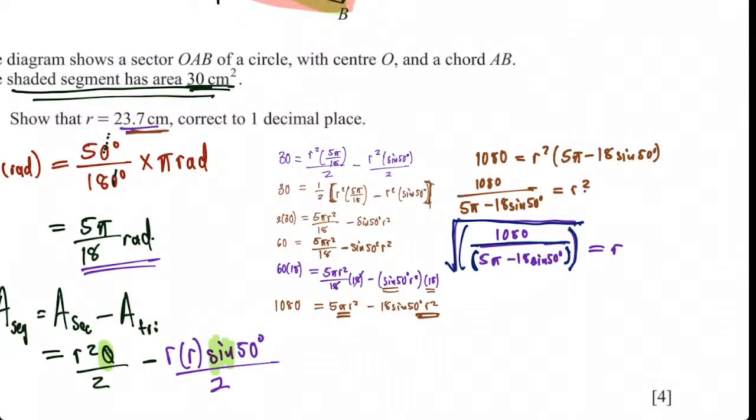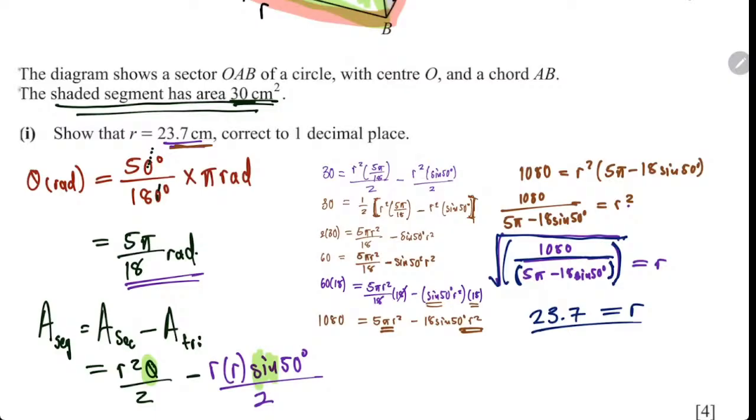Let me help you. Okay. Good. 23.7. This becomes your R. Good.